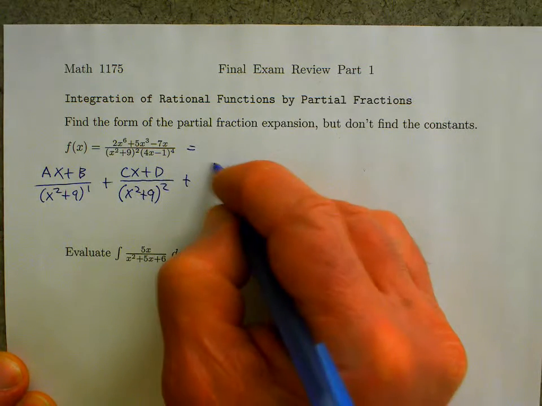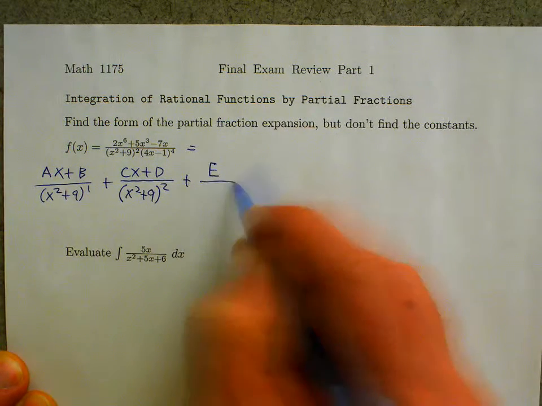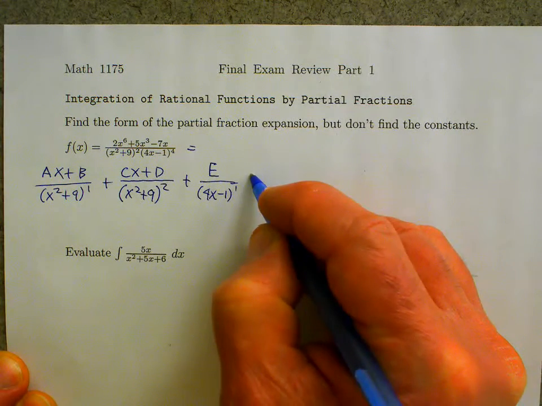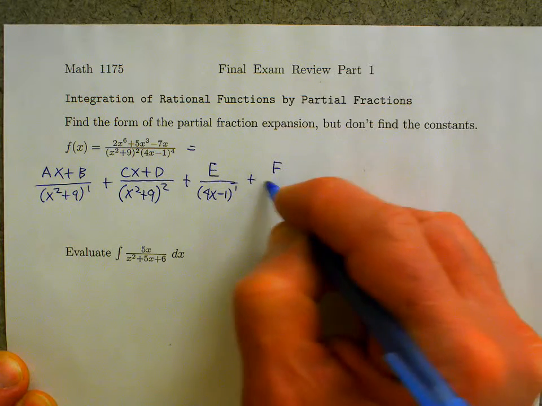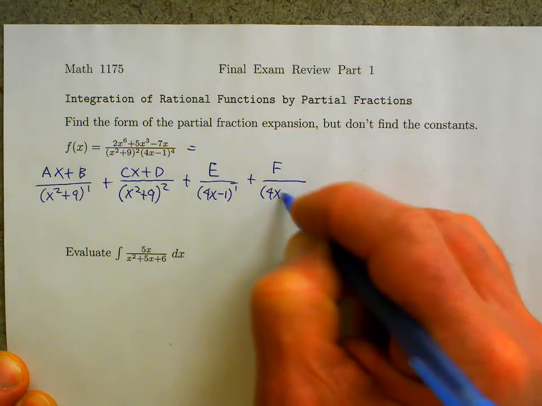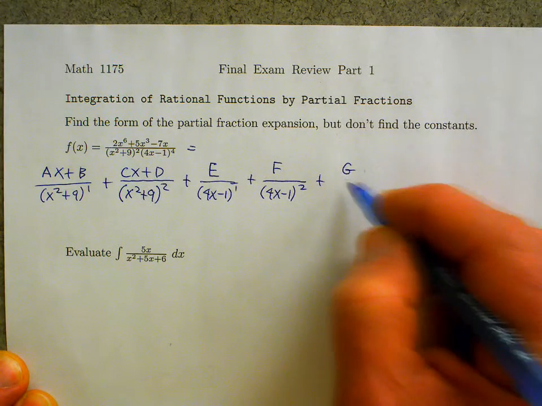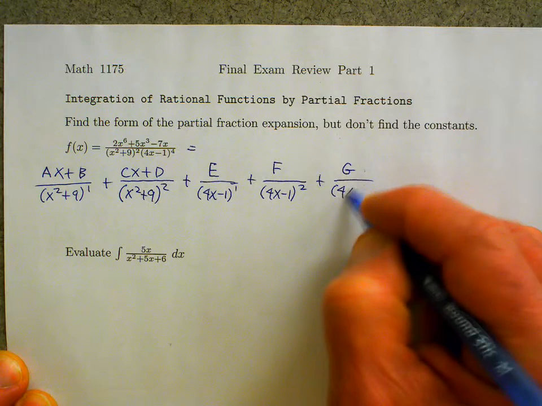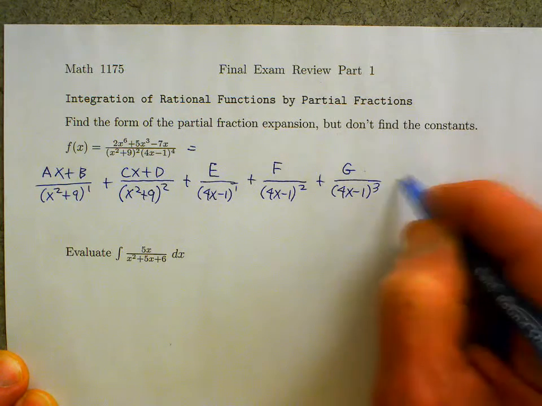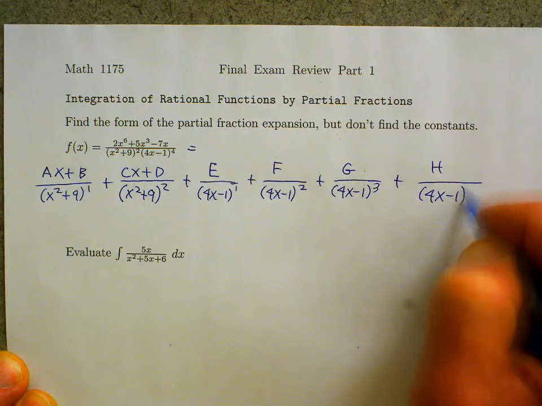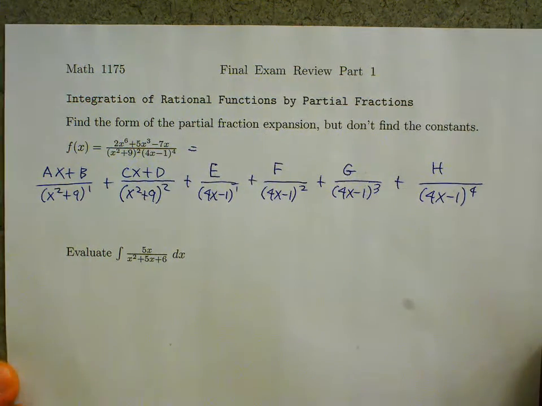So we're up to the letter e, the constant e over 4x minus 1 to the first, and then f over 4x minus 1 to the second, and then g over 4x minus 1 to the third, and then the final one, h over 4x minus 1 to the fourth. So that's all you had to do on that part.